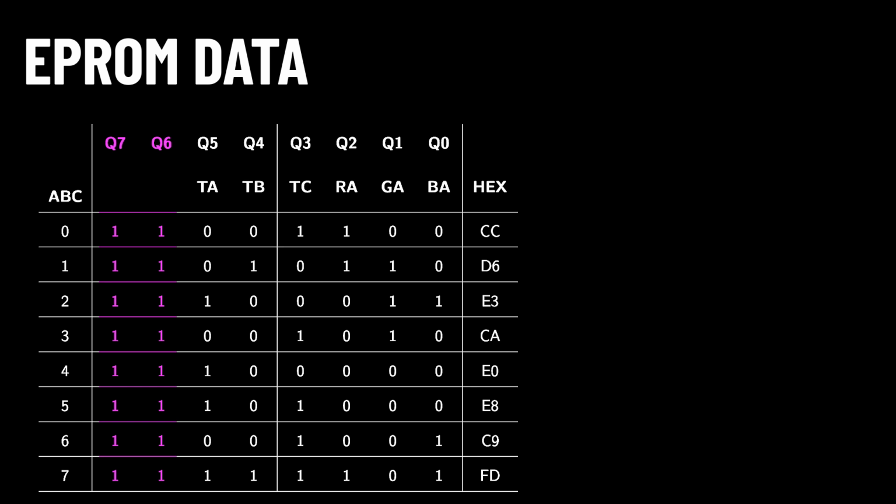Because the 2 most significant output bits will remain unprogrammed, each of the hex values programmed onto the chip will consider those 2 bits to be high. The input values to the EPROM will be A, B, and C connected to A2, A1, and A0 respectively. All other address pins will be grounded.